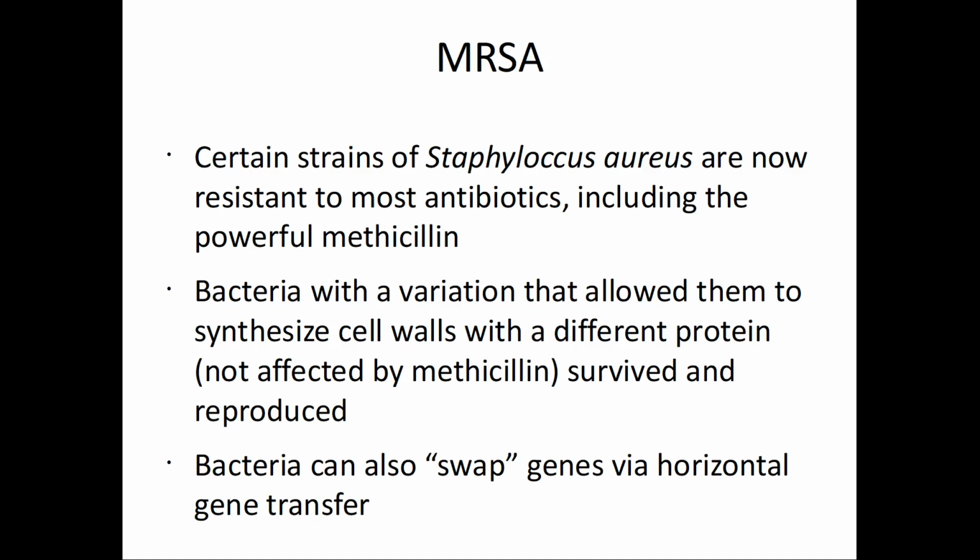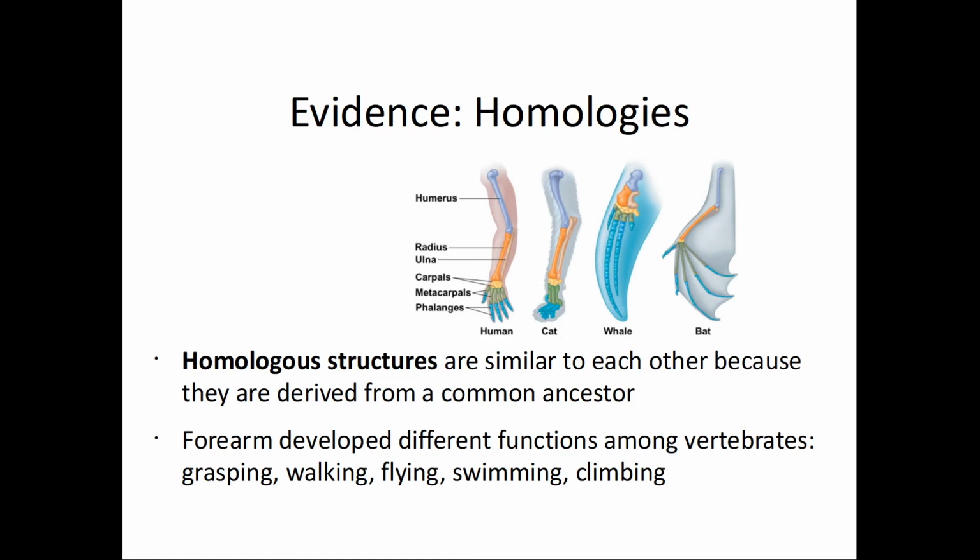And if you recall from chapter 17, that's actually very useful for us in biotechnology, because we use plasmids to culture bacteria to make things like human insulin, and we might be able to use it to make things like synthetic spider silk. So it's pretty cool, but it also provides some challenges to the medical world.